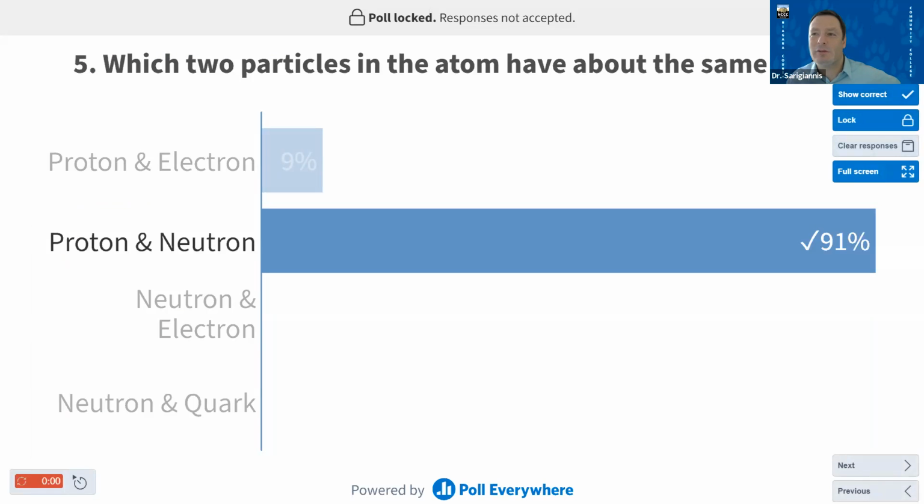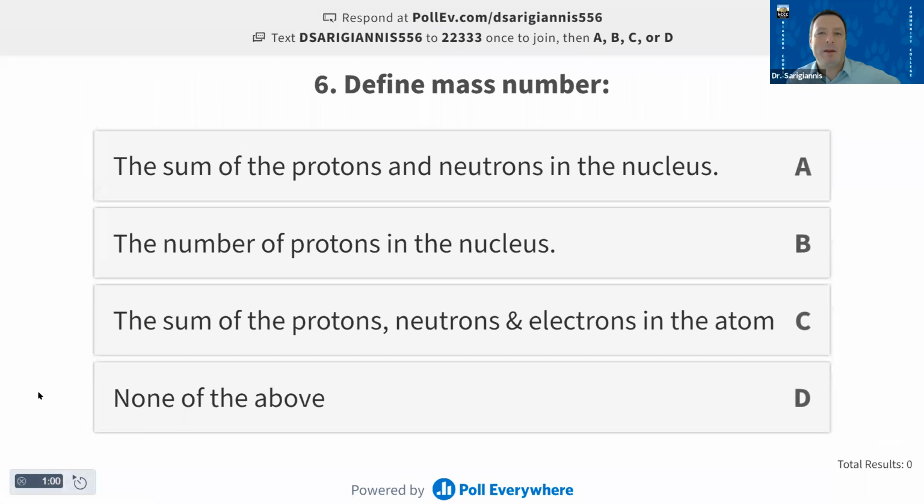Let's go to the question. Define the mass number. So look at the options here.